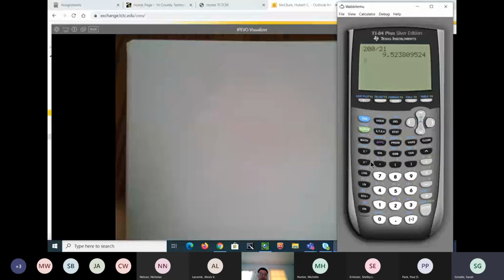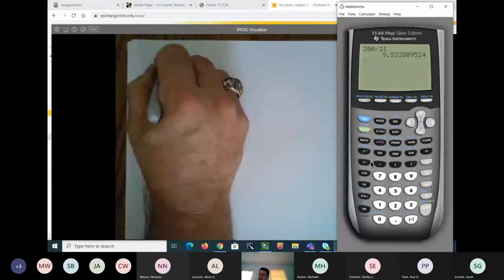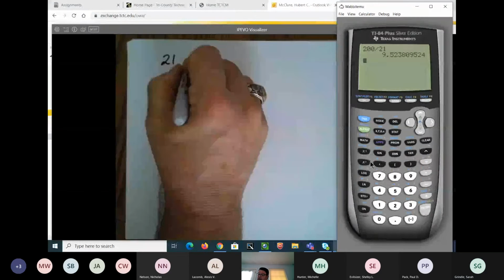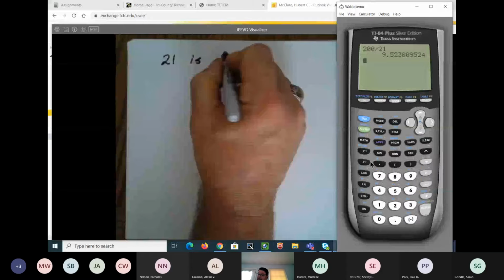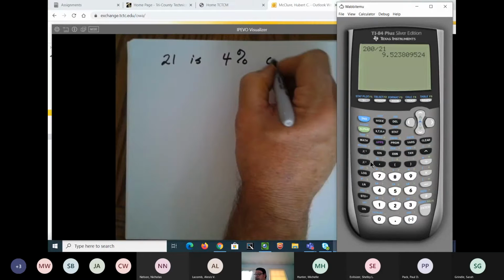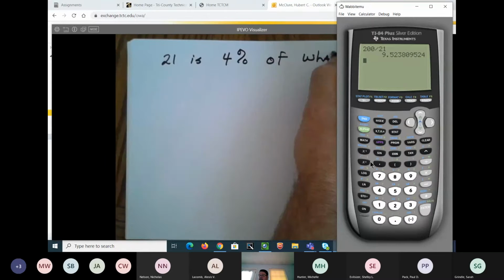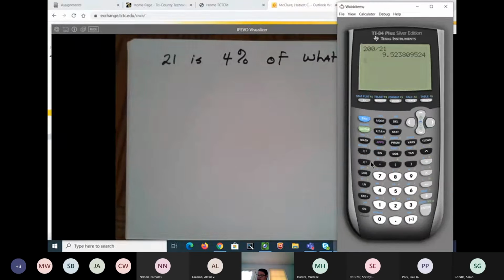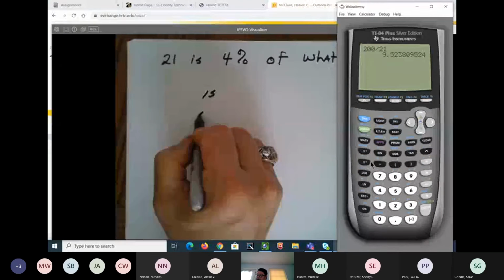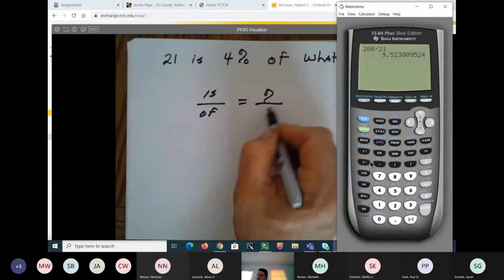The other one says 21 is 4% of what number? Okay, so is over of equals percent over 100.